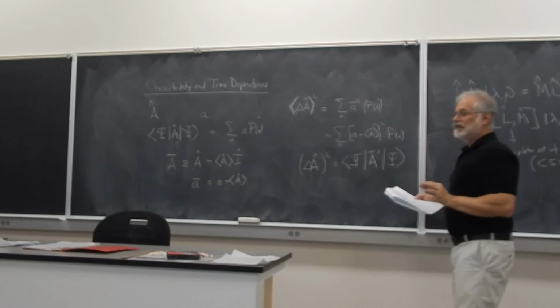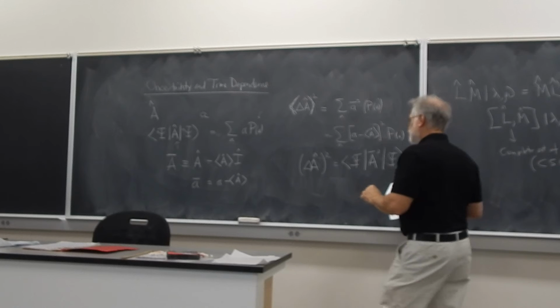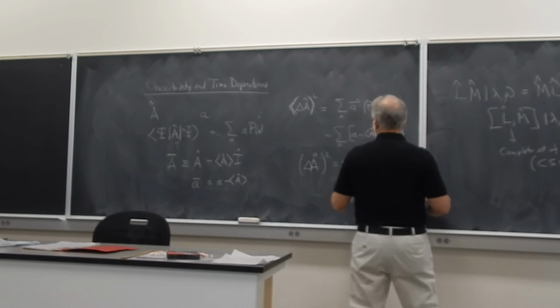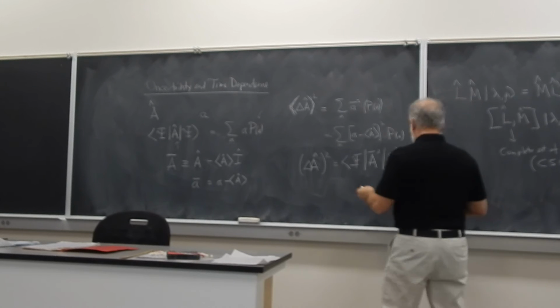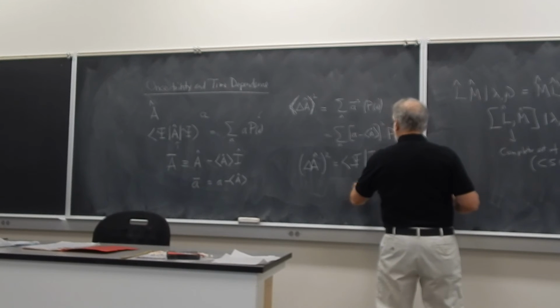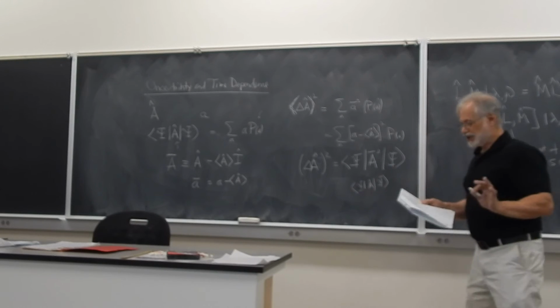That is my standard deviation. By the way, if expectation value of A is 0, then of course my standard deviation is just psi A squared psi. In this case, we'll assume that it isn't.